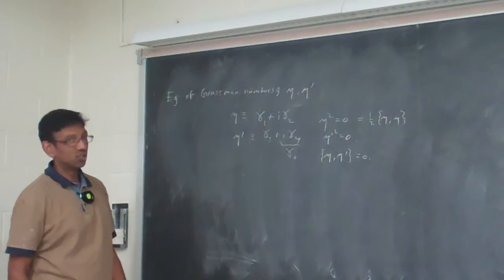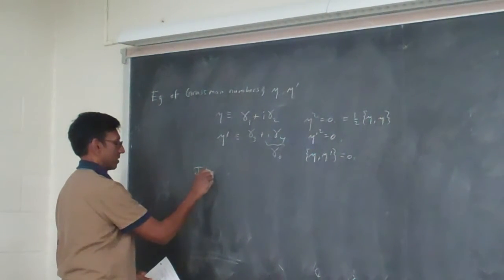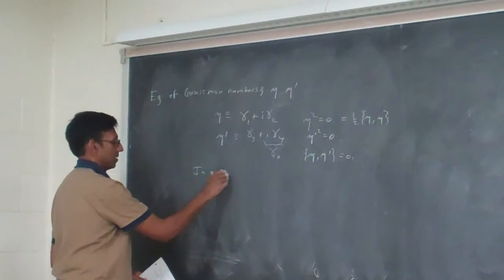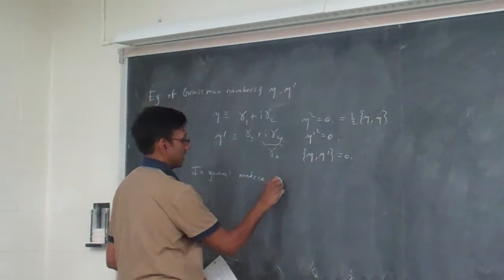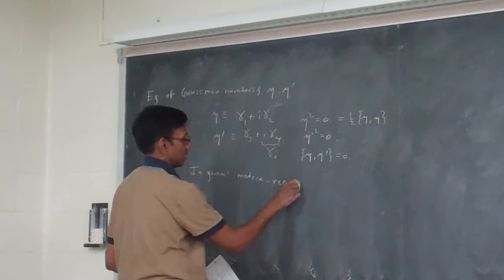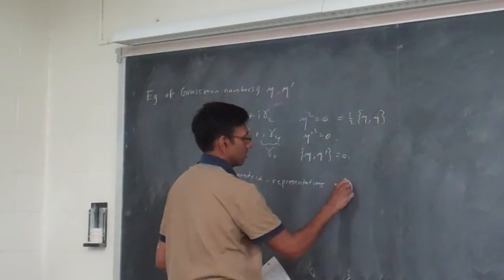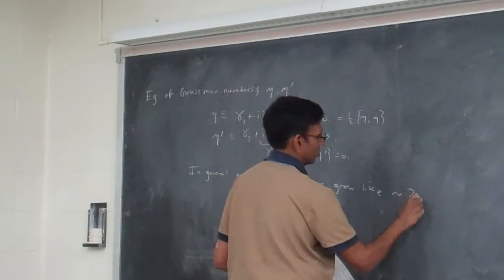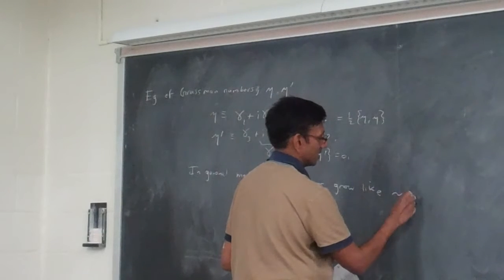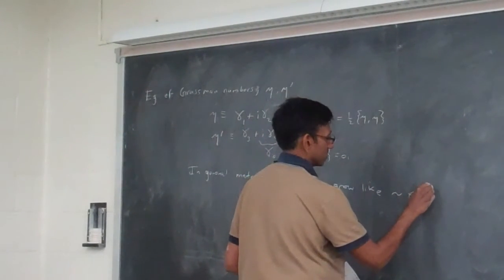So that, in general, the matrix representations grow like something like 2 to the power of, since it's exponential in the number of space-time points.